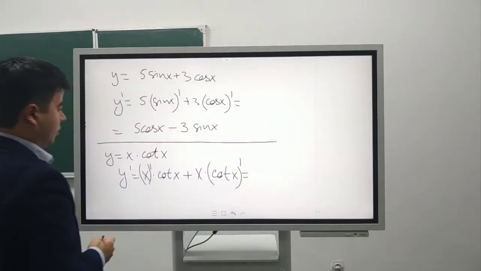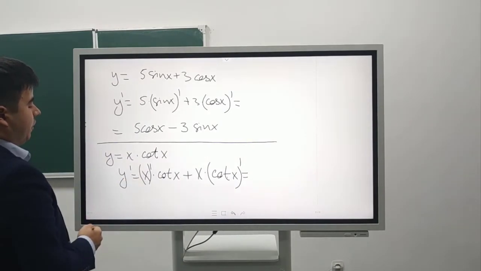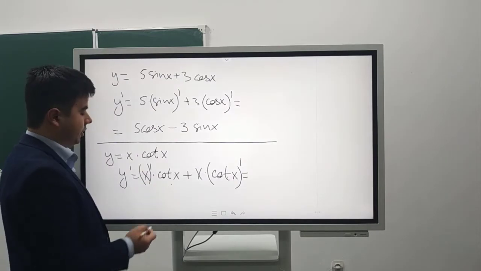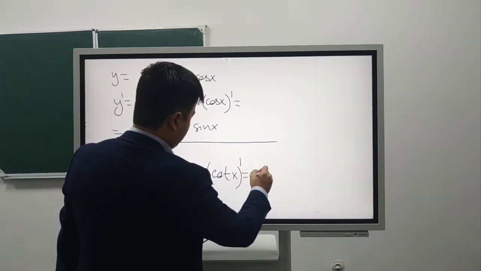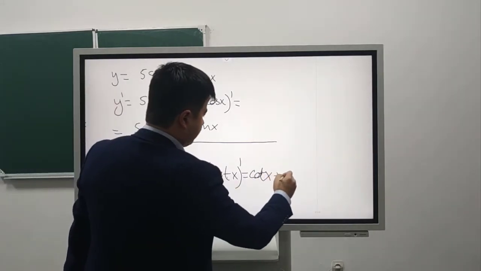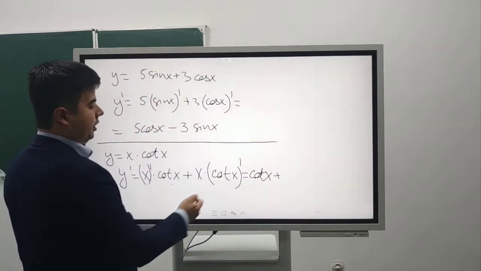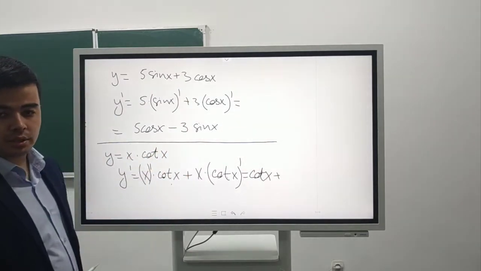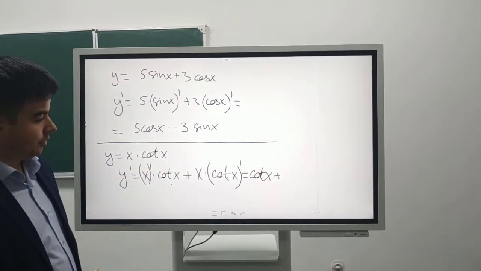Okay, now the derivative of the first function x is just 1 times cotangent x, so it is cotangent x, and plus x times the derivative of cotangent x, the second function, which is minus 1 over sine squared x.